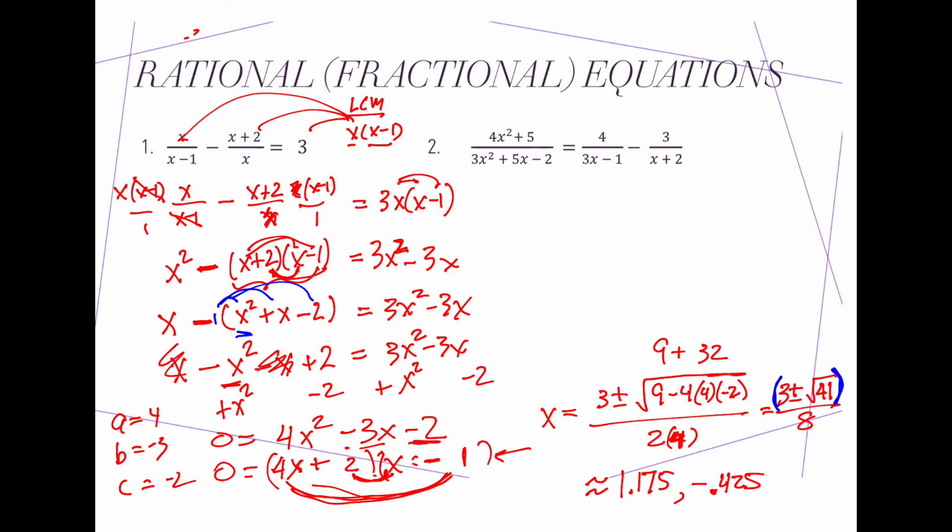So literally I put parenthesis, 3 plus square root of 41, close parenthesis, divided by 8. And then I hit copy and paste, so second and enter, went back and did the negative, right? Just changed the plus to a minus. And that gave me the second answer. So using that function on your calculator can be really helpful. You don't have to retype everything. You just swap out the plus for a minus.